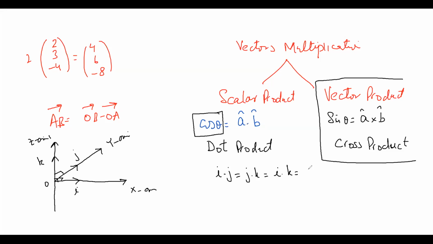They are all equal to 0 because they have a right angle between them, which is 90 degrees. That is why they are all equal to 0, because you know that cos 90 is, yes, zero. cos 90 is 0.